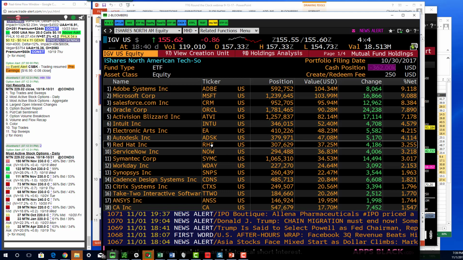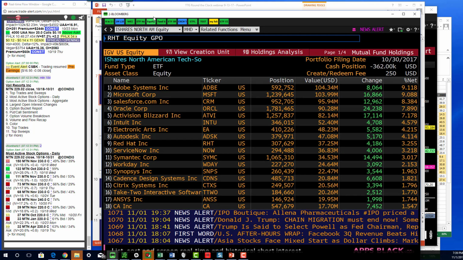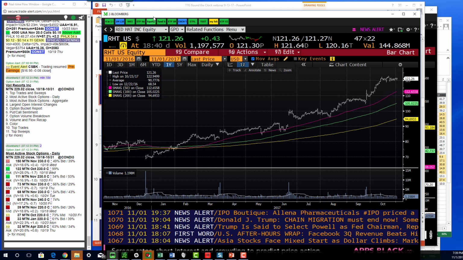Autodesk was another one. Red Hat was one of the first ones where we saw a big call buyer, and I had taken that trade. That was back then, and you could see what the stock has done since that dip. It's just been on fire. So again, that's our little roadmap for when there's high volatility. It is a great indicator.